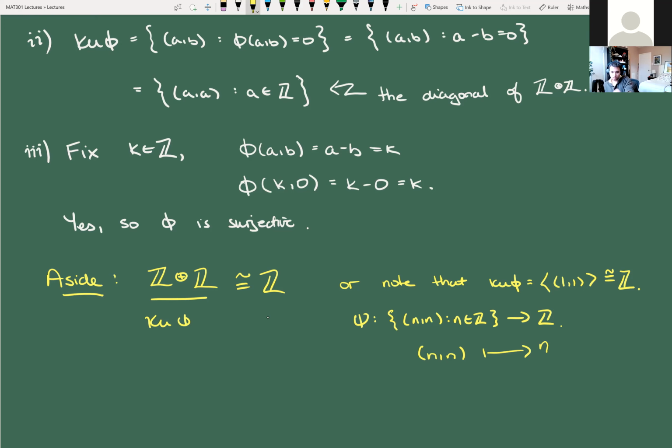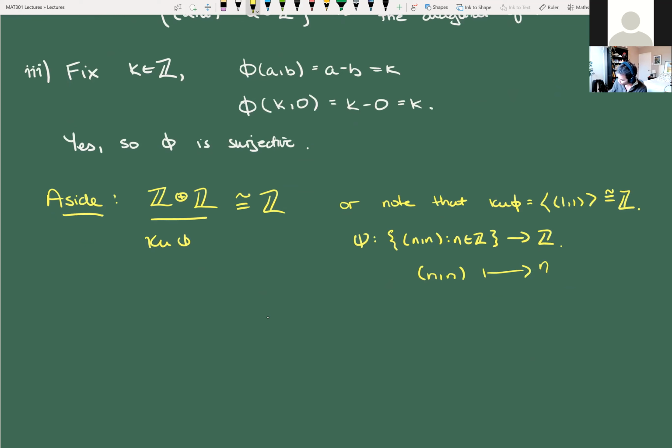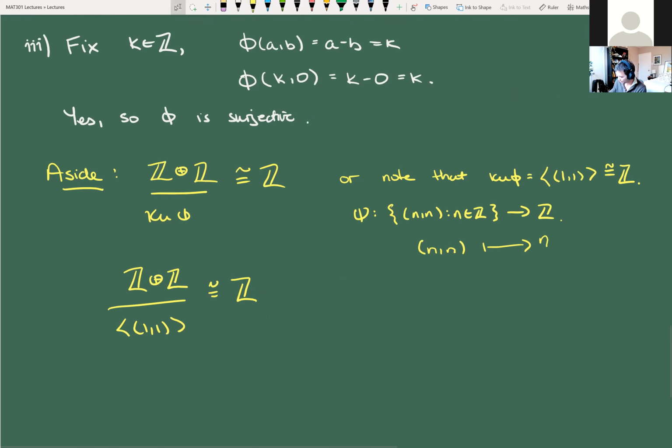And so we get that this kernel is the same thing as the infinite cyclic group generated by (1,1), which is in turn isomorphic to Z. So another way that we could write this is Z plus Z mod <(1,1)> is isomorphic to Z. Or, and here's a nice thing, Z plus Z mod Z is isomorphic to Z. But keep in mind, when I write this, I'm not saying that Z is a subgroup of Z plus Z, because it's not.